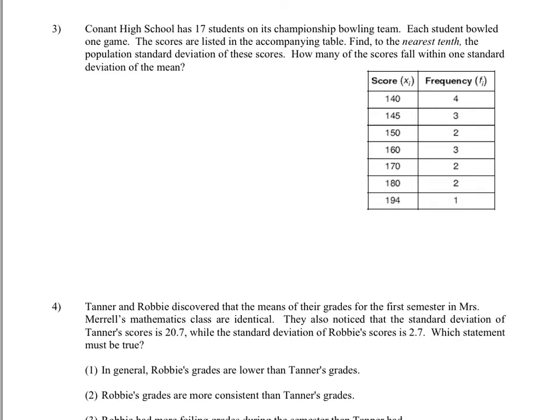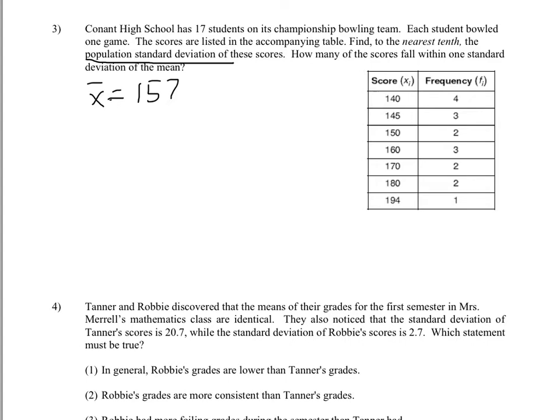When I did this, I found the question asked me to find my population standard deviation. But I know I'm going to need to find the mean eventually too. So I'm going to write down my x bar. I found that equal to 157. And I found my population standard deviation.